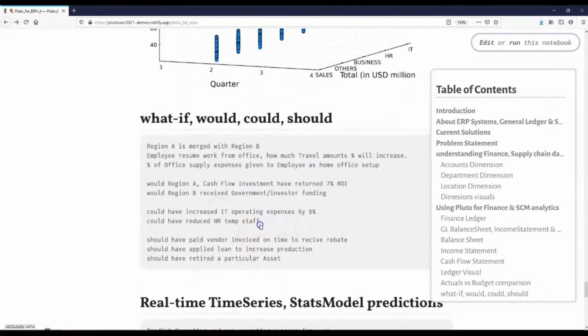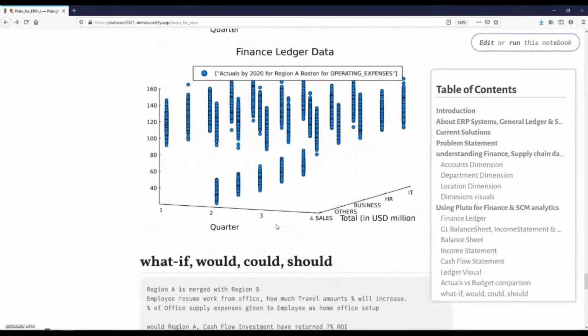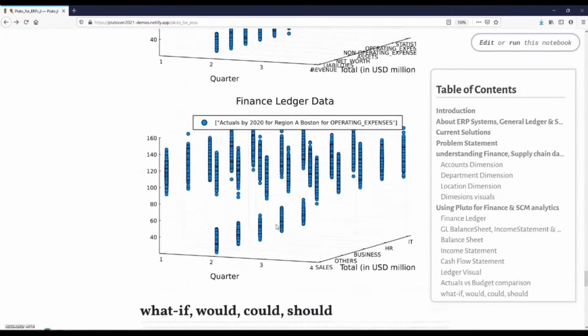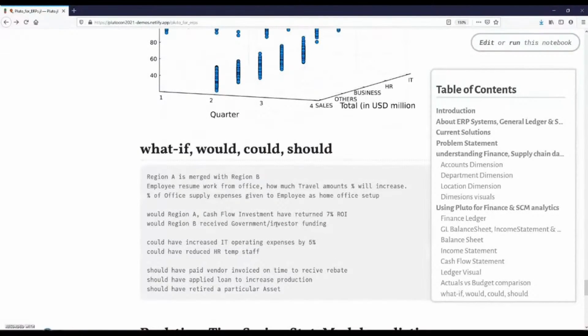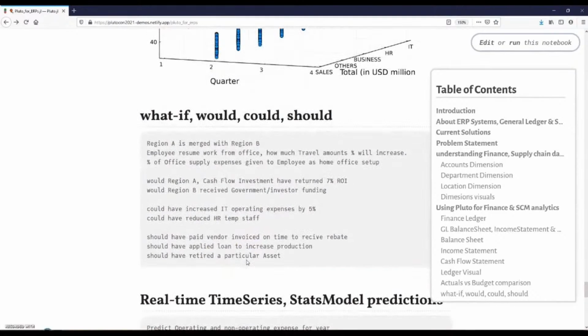Could I have reduced the HR staff, temp staff? And if I could have, what percentage is my balance sheet allowing me to reduce it by? The moment you see these kinds of numbers from the finance and supply chain perspective, these are the questions that come to mind. So definitely Pluto and the Julia language help answer these questions very efficiently.